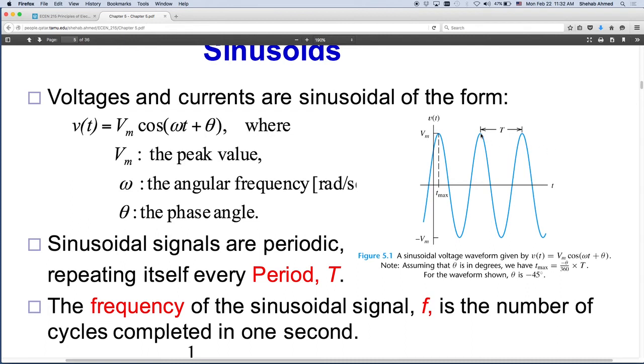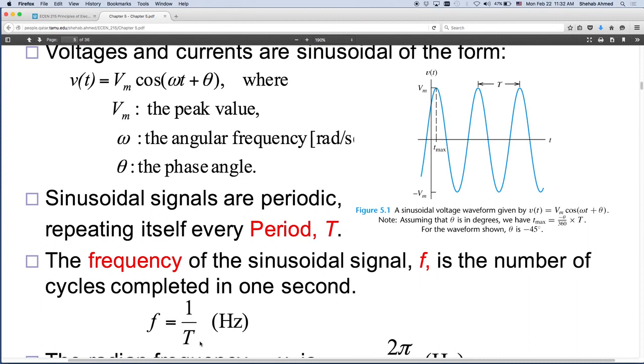So this time here is called the period of the waveform, and the frequency of the waveform is 1 over the period. This time here corresponds to the angle theta that I've phase shifted the waveform with respect to the 0 start point, or the 0 time axis here.